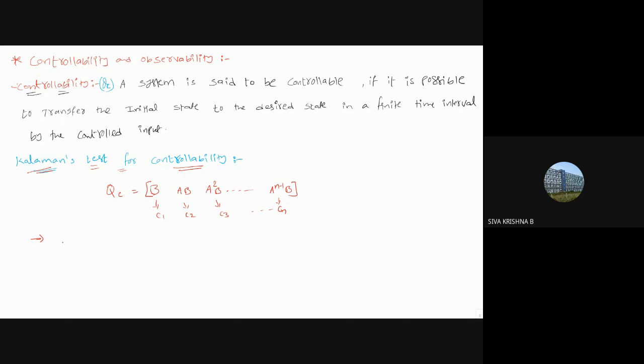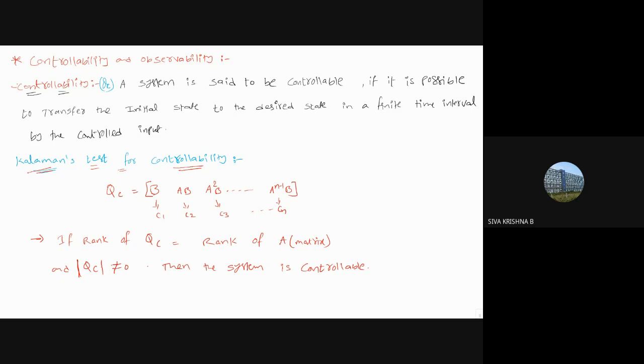If the rank of QC is equal to the rank of the given matrix A, and the determinant of QC is not equal to 0, then the system is controllable.